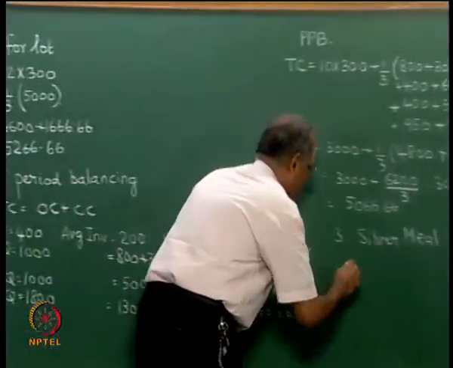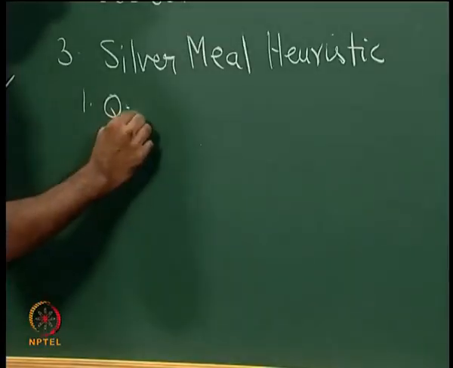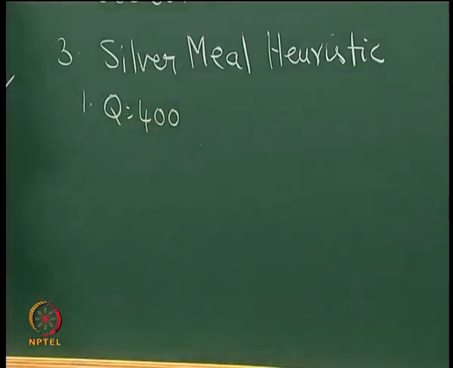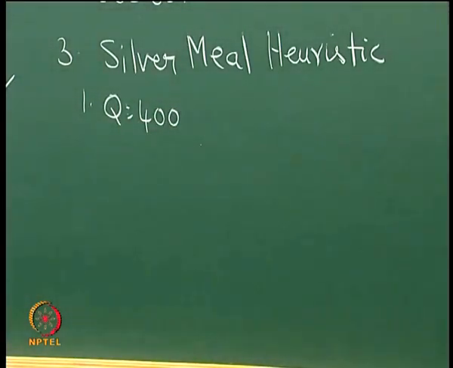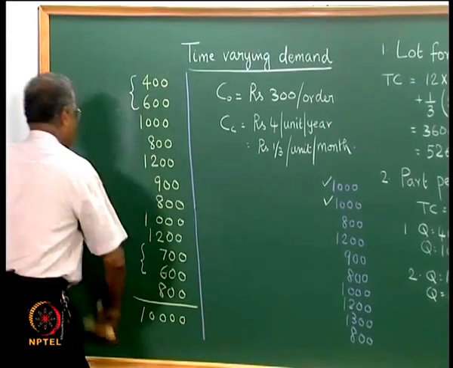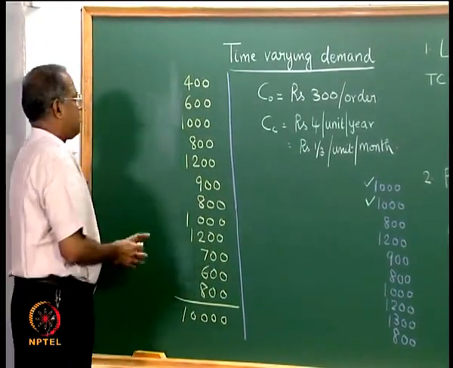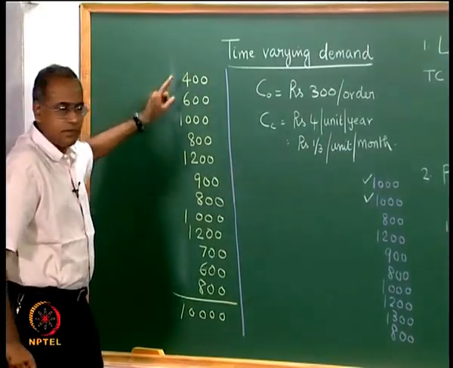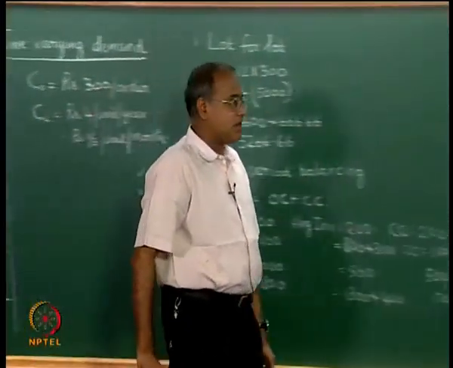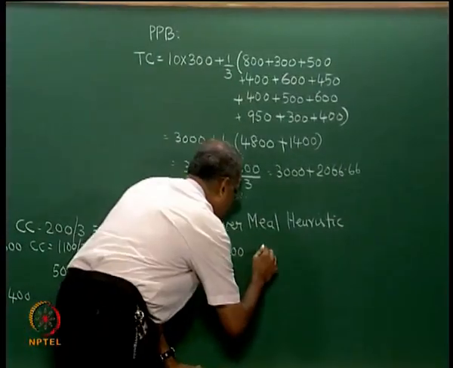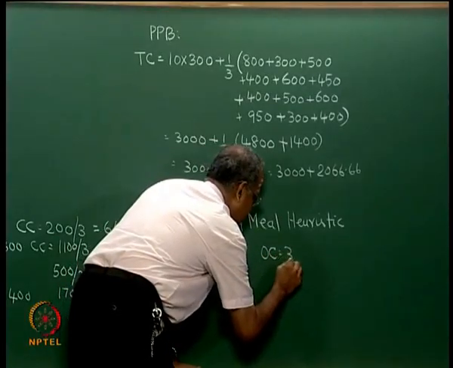So we begin with Q equal to 400. Let me remove this and let me also remove this. So we start first with this. So we start with Q equal to 400. So when we place an order, we have to incur an order cost of 300.